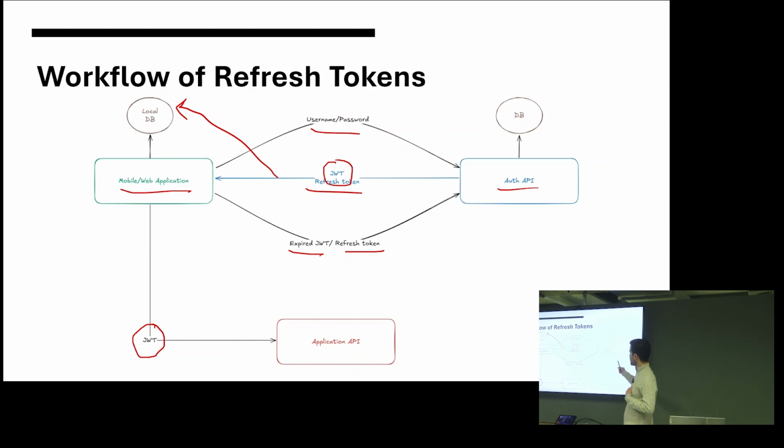Then we are going to find the refresh token in our database, and if it's valid and everything is fine, our authentication server is going to return a JWT and refresh token again to the user. So the user can use the new JWT token for sending requests to our application API. So there is no need to enter username and password each time.